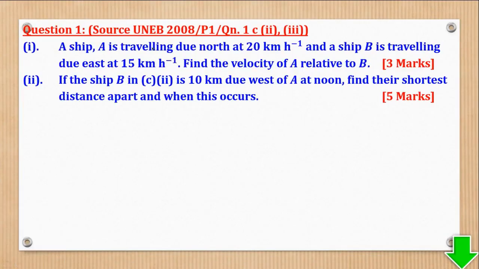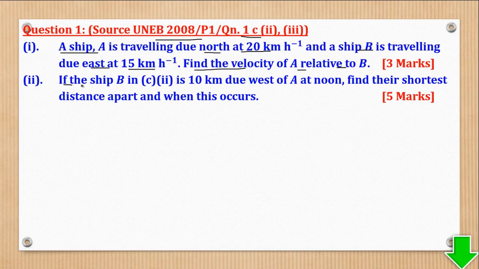Question 1 came from UNEB of 2008, paper 1, question 1b, and it says, Roman 1, a ship A is traveling due north at 20 kilometers per hour, and a ship B is traveling due east at 15 kilometers per hour. Find the velocity of A relative to B. That is Roman 1.